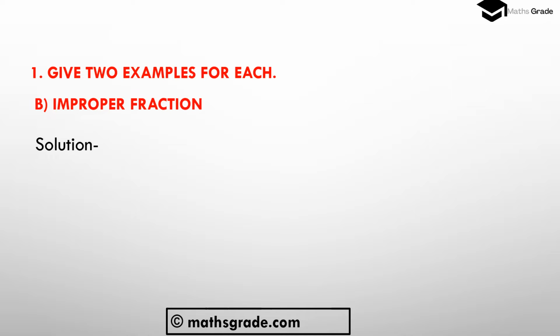Now question number 2, part B. Improper fraction. Give 2 examples for each improper fraction. We know an improper fraction is a fraction whose numerator is more than the denominator. So an example of an improper fraction is 5 divided by 3. Here the numerator is 5 and the denominator is 3, and numerator 5 is more than the denominator 3.